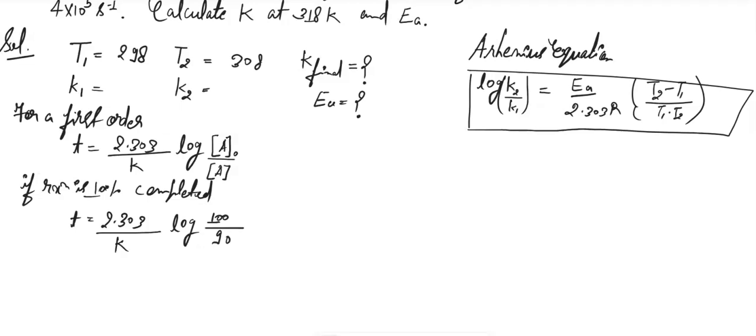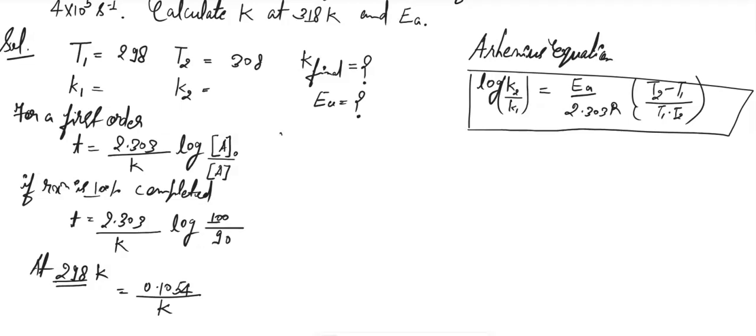From this, at 298 Kelvin, the value we have calculated is 0.1054 upon K. That is the first temperature that we have.